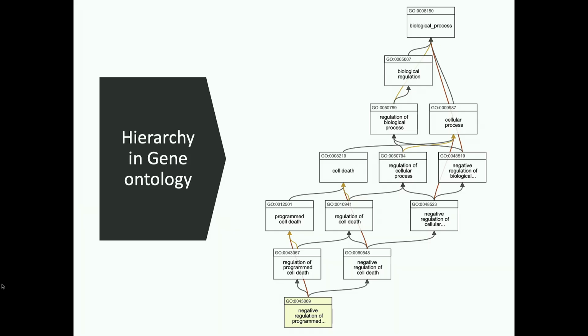At that stage, when you have crossed all those hierarchies and come to the lowest level, that term is very specific. It is not even regulation of programmed cell death, it is only negative regulation of programmed cell death. So you can go to that finer level.